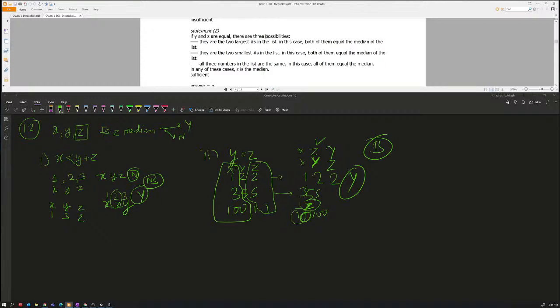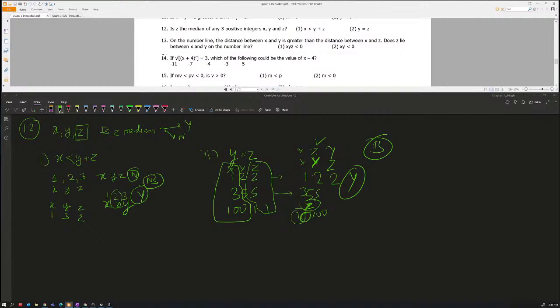Either they are the two largest numbers, or they are the two smallest numbers, or all three are equal. In all cases, z is the median, so B is the answer.